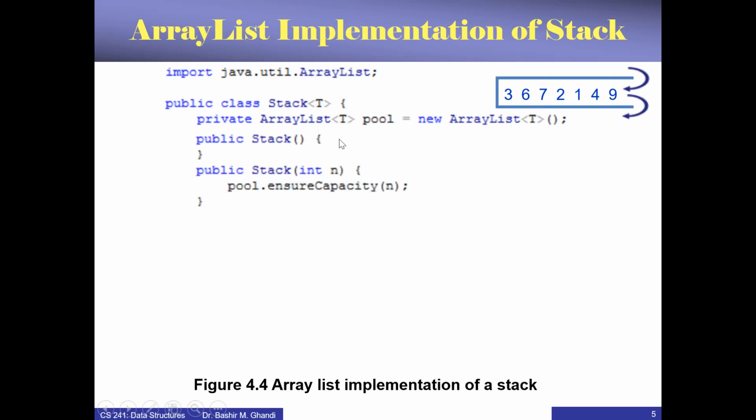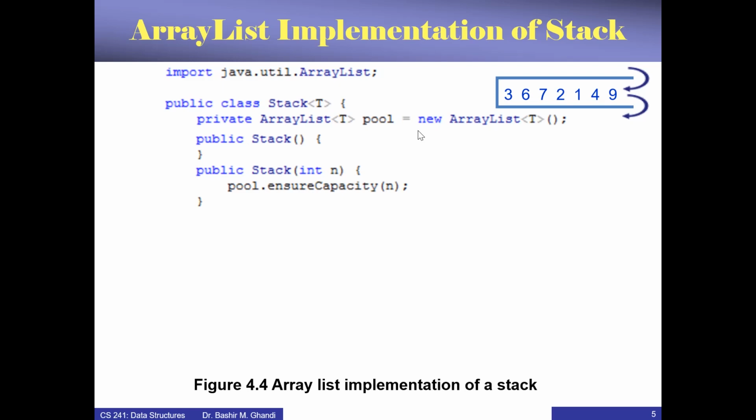Constructors, here we have two constructors. The default one will do nothing because the array list has already been created. Java in this case will give the default size. But we can also allow the user to specify the size, because as you remember, with array list, if you don't specify a size, then Java will give a default size.